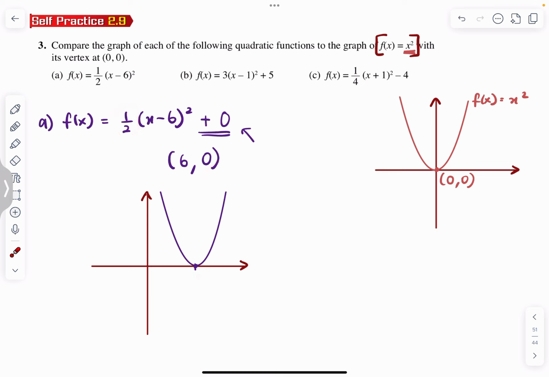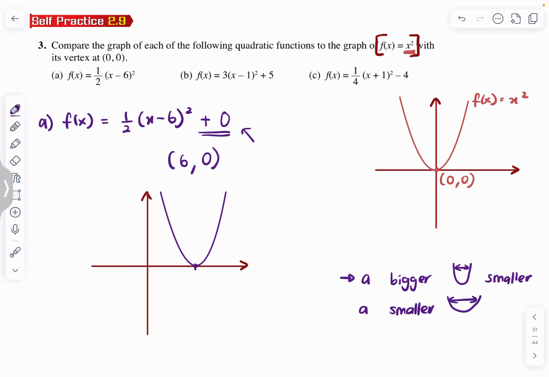A is 1 over 2. So you must know the rule. If A is getting bigger, our smiley face will become smaller, or our width of the graph will become smaller, and vice versa. So if A becomes smaller, the width will become bigger.